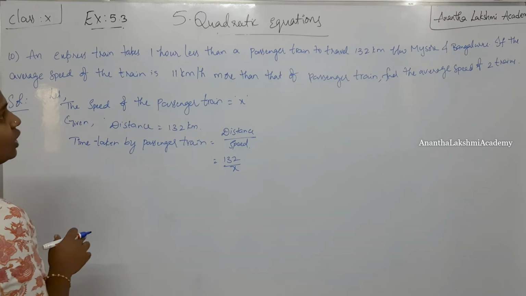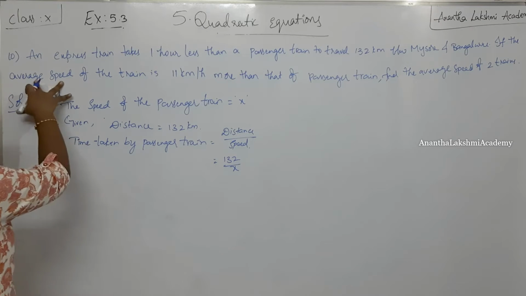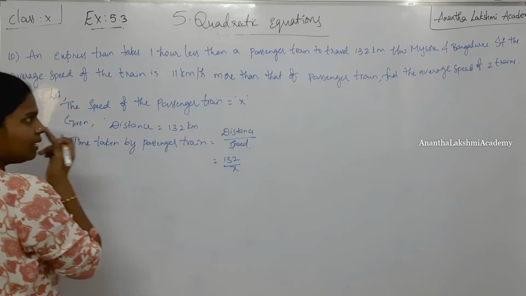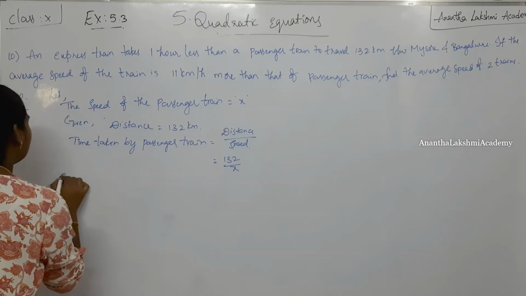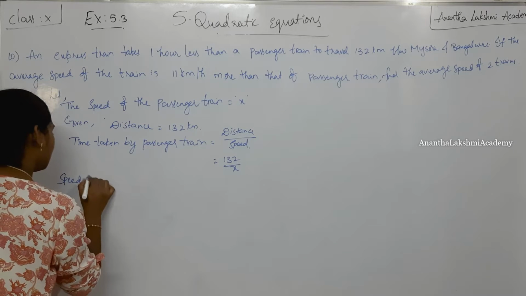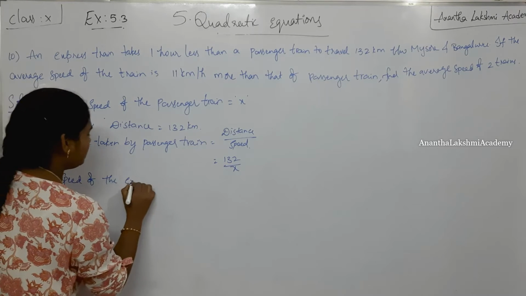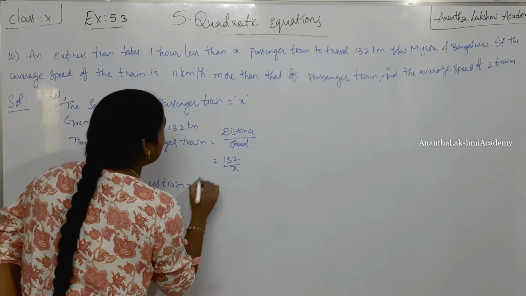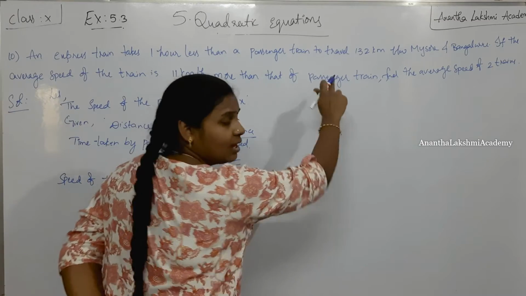Now, what is given? The average speed of the express train is 11 kilometers per hour more than that of the passenger train. So the speed of the express train is equal to 11 kilometers per hour more than the passenger train.